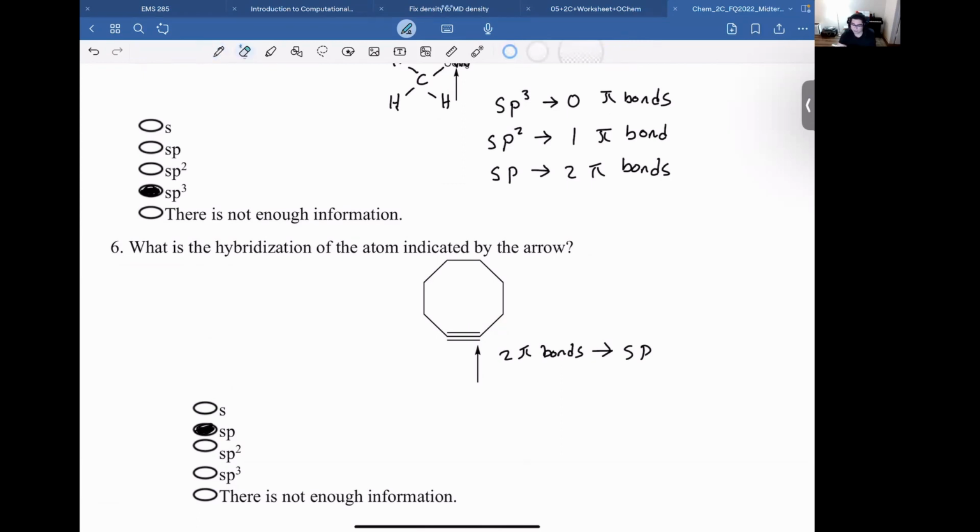You can count the number of things. An equivalent way to do this is how many atoms is it attached to? The reason it's easy to make a mistake doing that is you miscount. If you have 4 things attached, or 4 electron groups on a carbon and 0 pi bonds, that's sp3 hybridized.